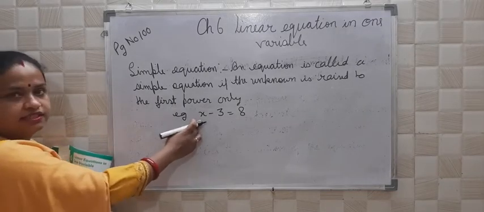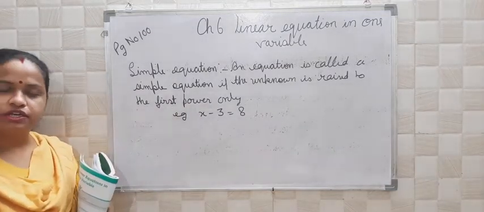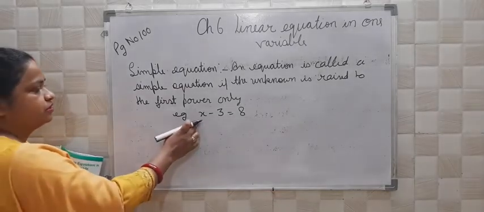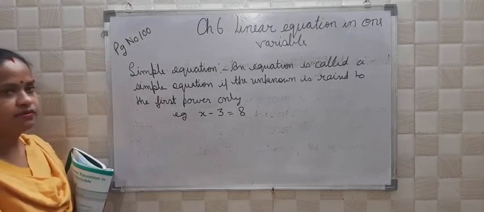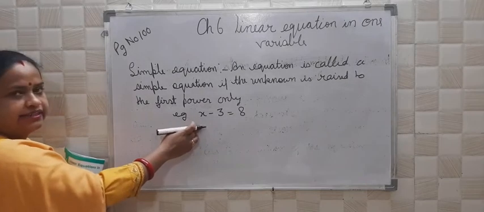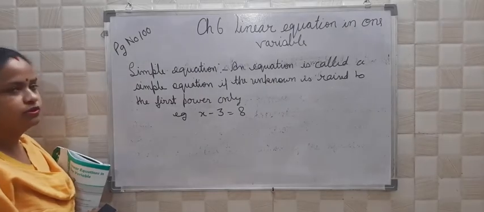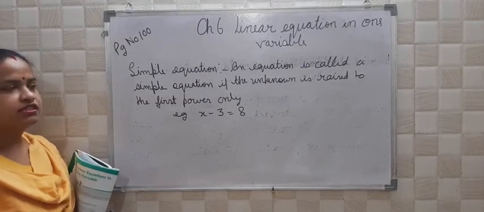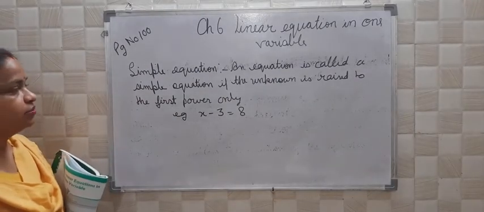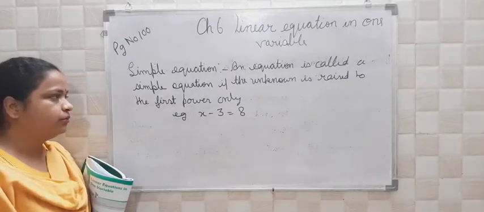You can see it here: x is to the power 1 only. When no number is written, it is equal to 1. So x minus 3 is equal to 8 is a simple equation, because only one variable is there and it is raised to power 1. An equation is called a simple equation if the unknown is raised to power 1.